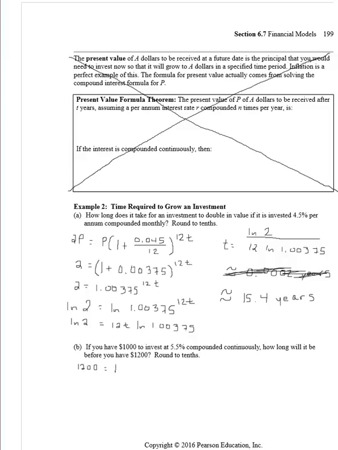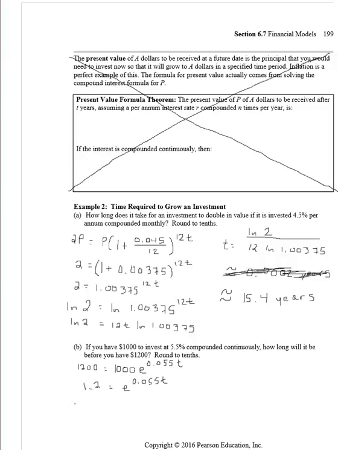We are starting with a principal of $1,000, and since it's compounded continuously, that means E to the R, so 0.055 times T. So first we divide both sides by 1,000, and we get 1.2 equals E to the 0.055 times T.